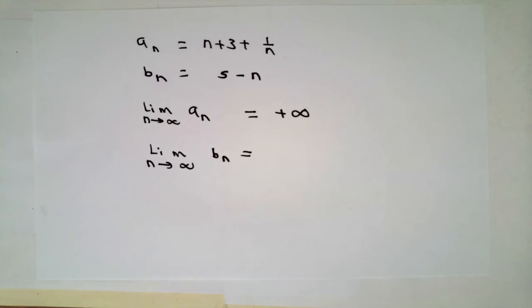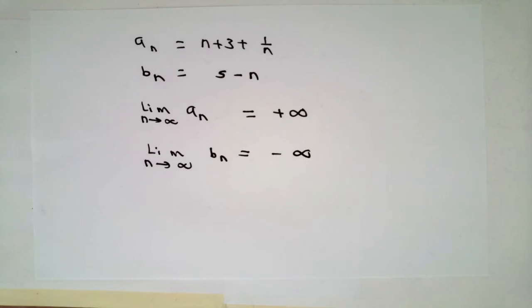So I think it's pretty clear that the limit as n tends to infinity of bn is negative infinity, meaning that that limit doesn't exist. And the way it doesn't exist is as you increase the index, the b sub n numbers become arbitrarily large in absolute value and negative.